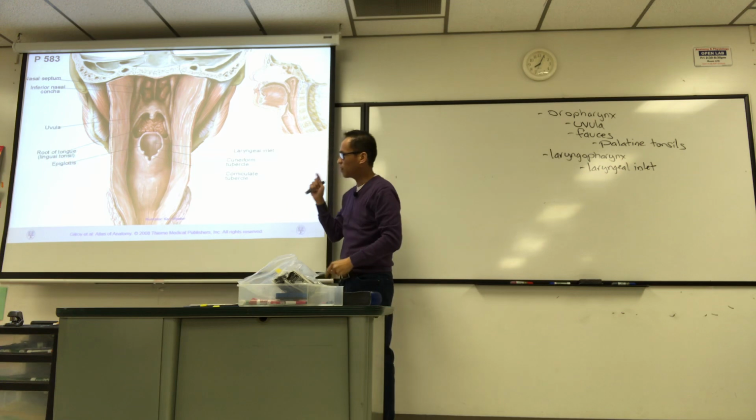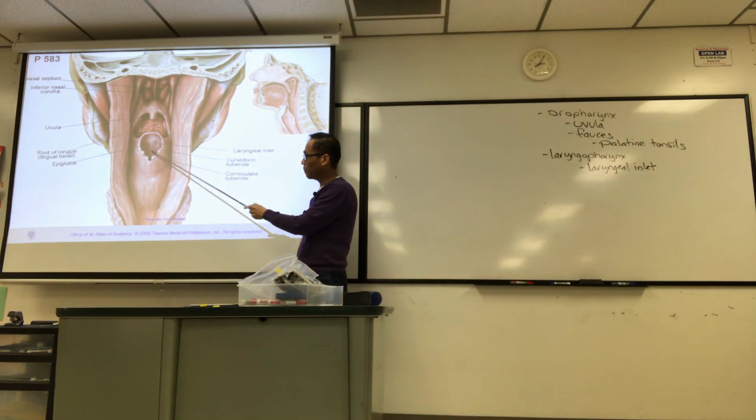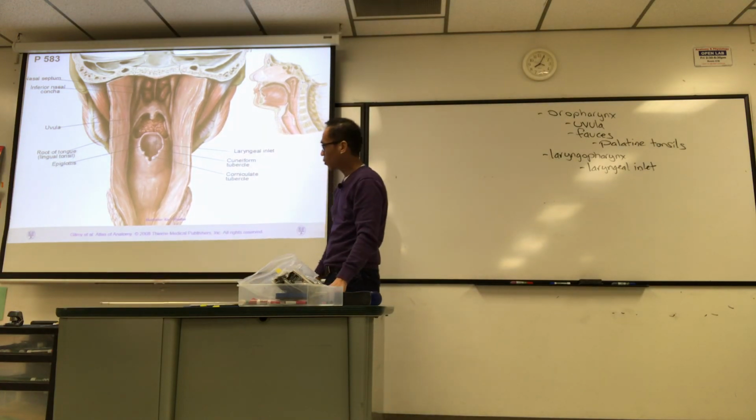Do note these two little bumps or tubercles. I may have you identify those. These tubercles are created by cartilage, but when you put the mucous membrane over it, they look like little bumps. You can't see the cartilage, so let's just list cuneiform and corniculate tubercles.